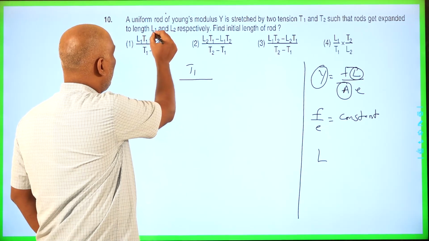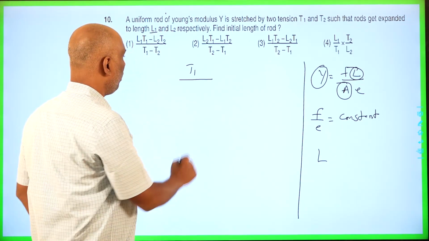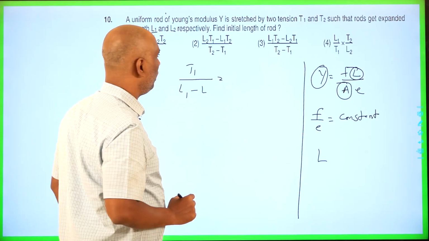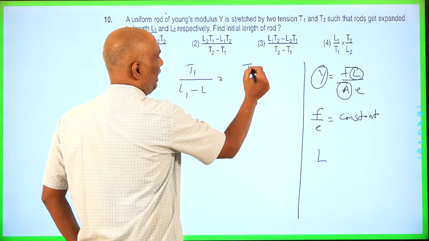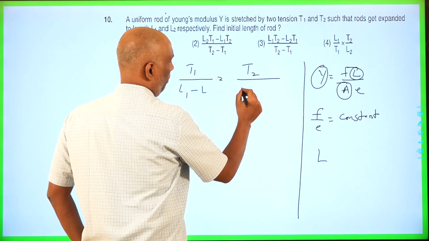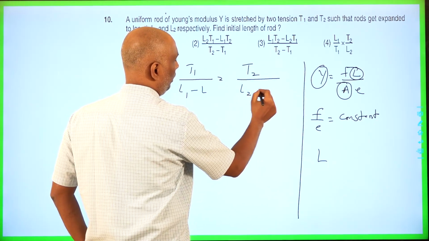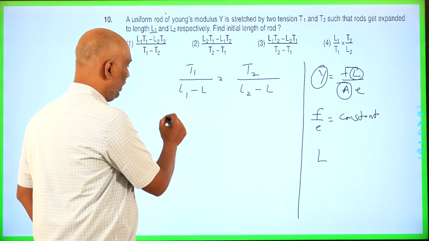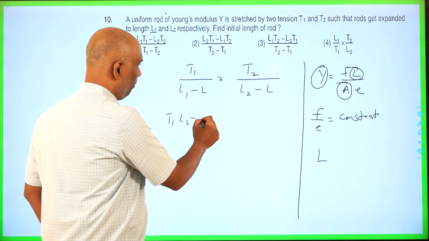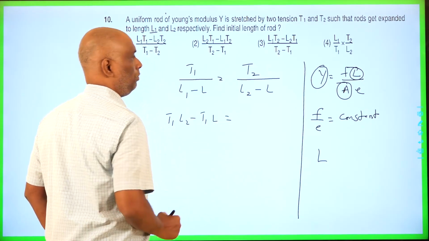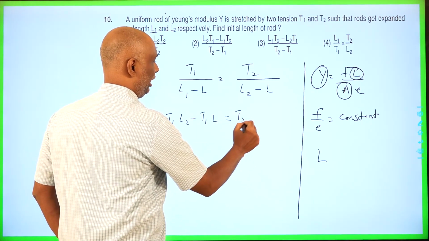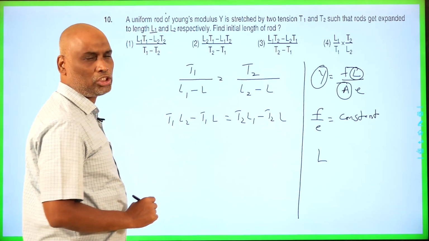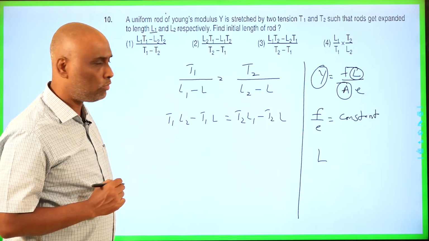Initially it has expanded to a length L1, so the elongation will be L1 minus L. This should be equal to the tension acting in the second case, T2, divided by the elongation, L2 minus L. Now, from this equation I can say T1 L2 minus T1 L should be equal to T2 L1 minus T2 L.